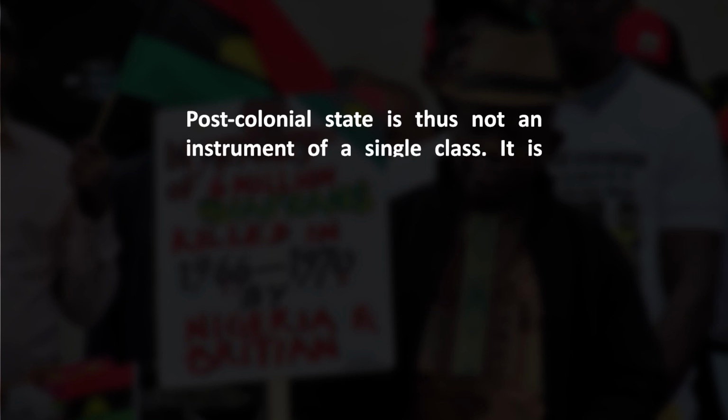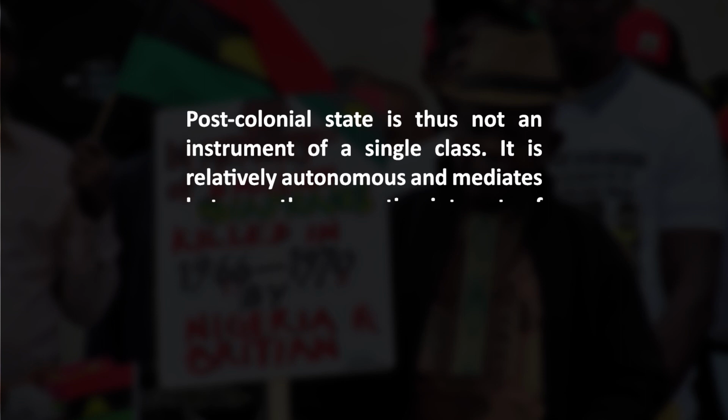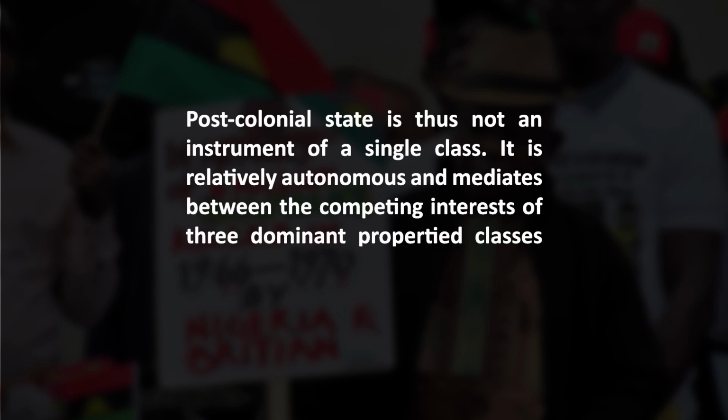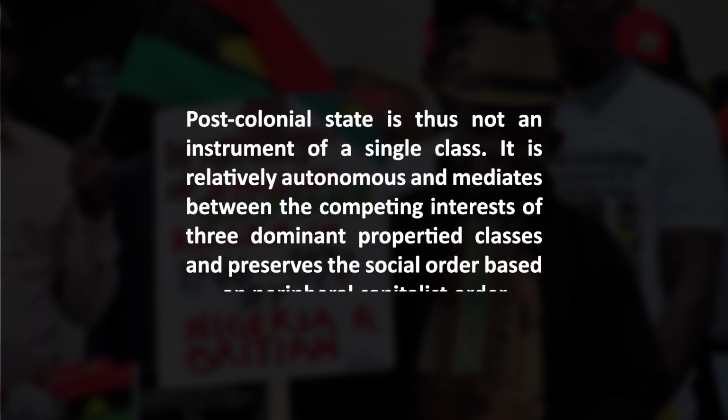The post-colonial state is thus not an instrument of a single class. It is relatively autonomous and mediates between the competing interests of the three dominant proprietary classes and preserves the social order based on the peripheral capitalist order.